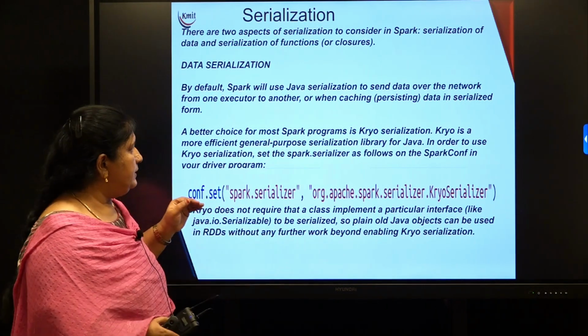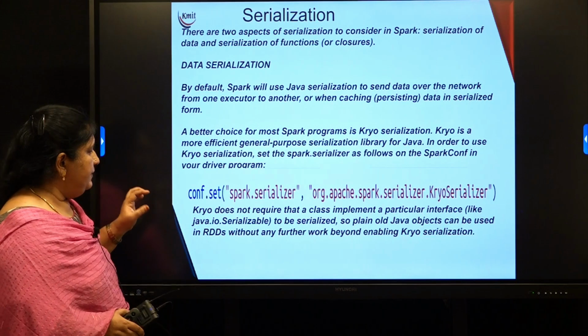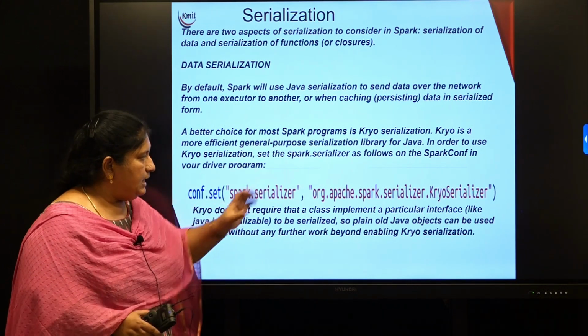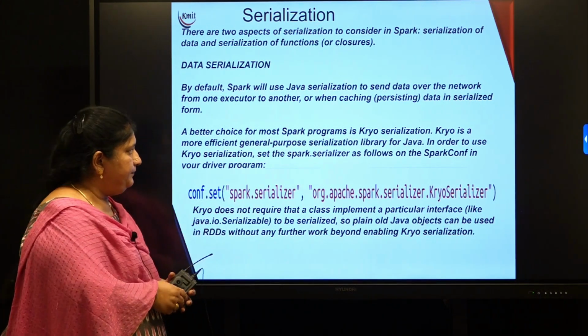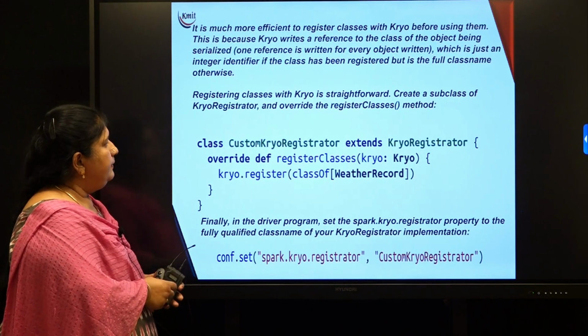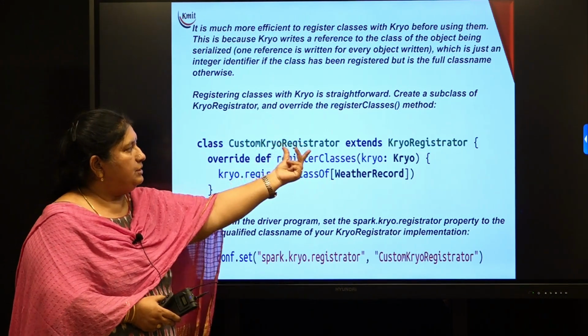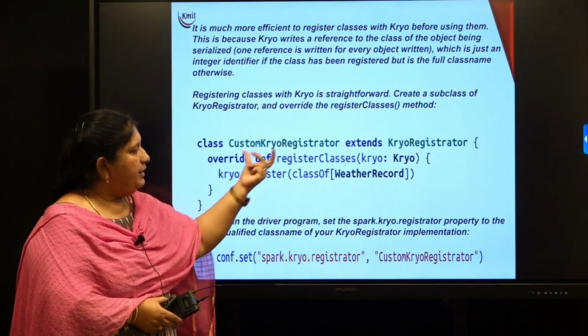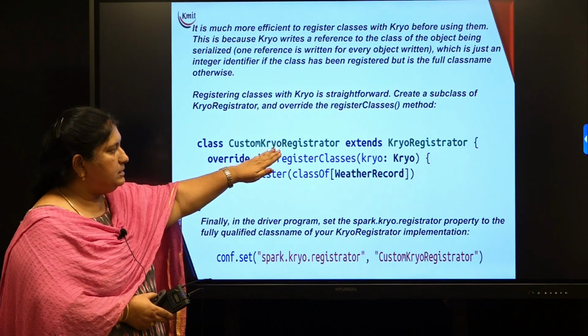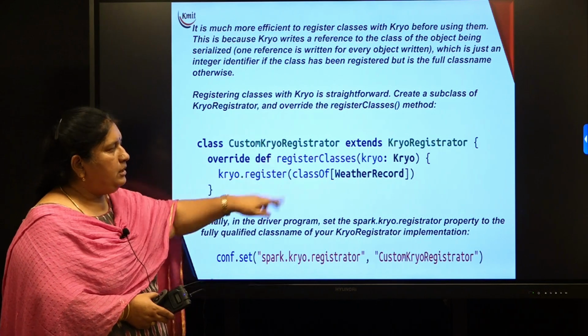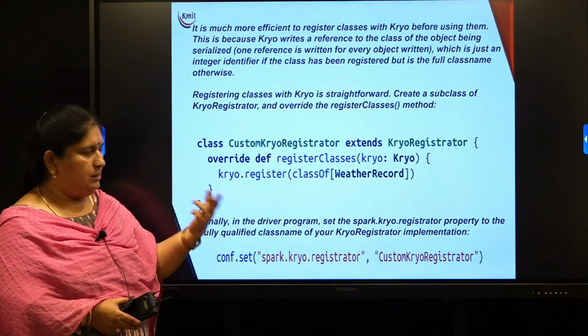But when working with Kryo serialization, we just set the serialization using this method and we register whatever class we have written into the Kryo registrator. The moment you have done this, your class is registered with Kryo serialization and it will take care of serializing your data.